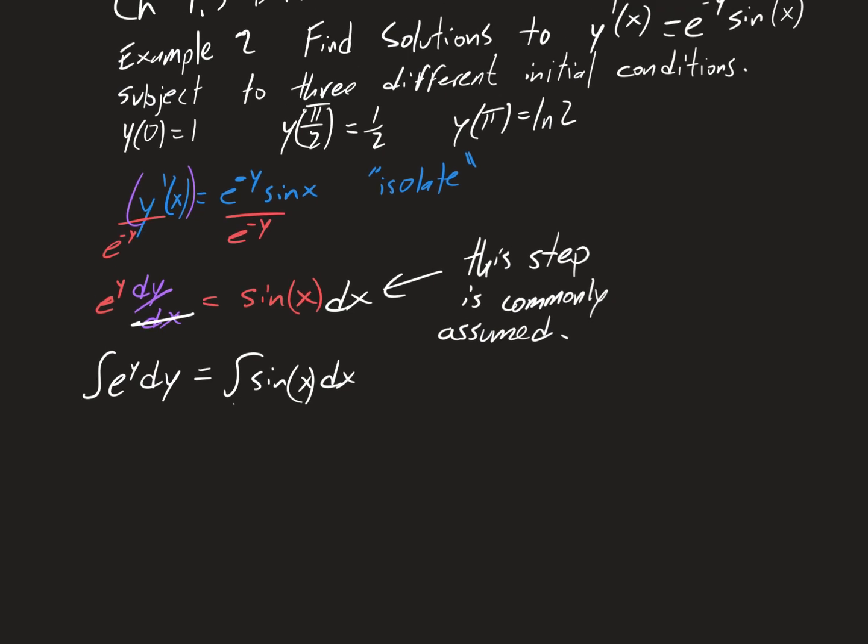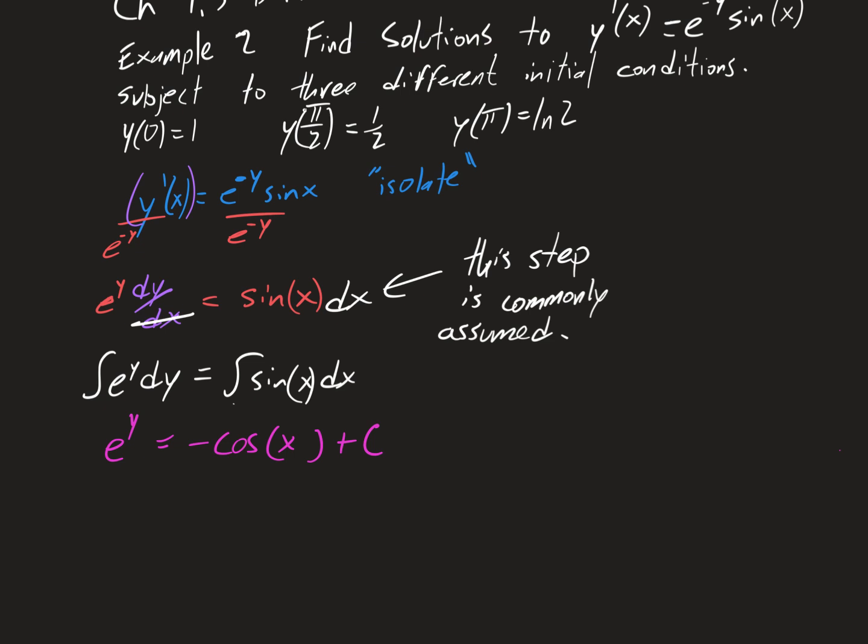So once we take the integral of this, you're going to see that this is going to lead us to e to the y, and on the right side we have negative cosine x, okay, plus c. Now note, we don't need to add c on both sides. One constant is enough, because adding c to both sides is kind of redundant and it does the same thing twice.